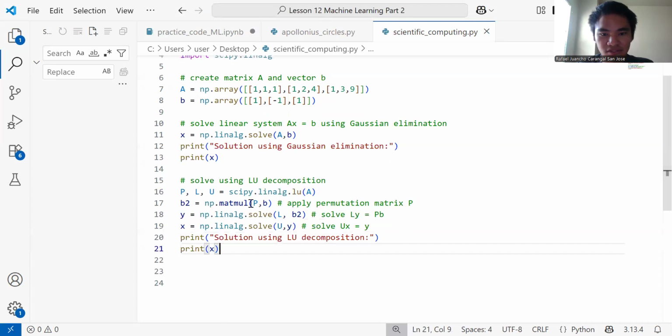Now you might be wondering how we determine which of the two algorithms is faster. So let's test the runtime. Let's try doing that.